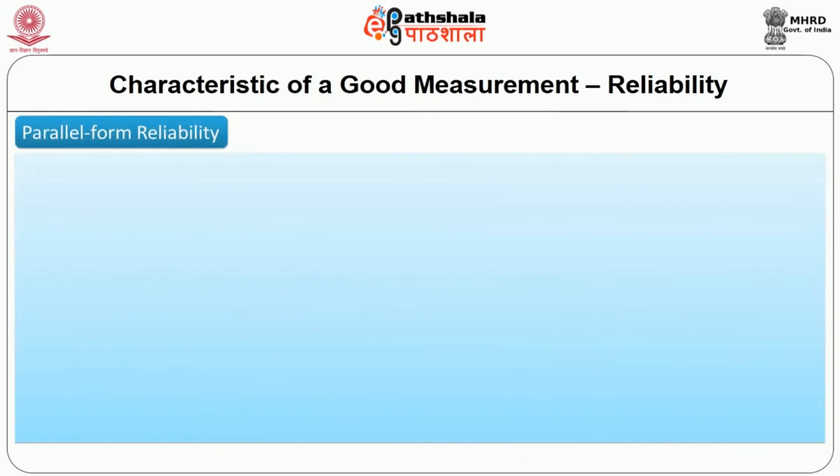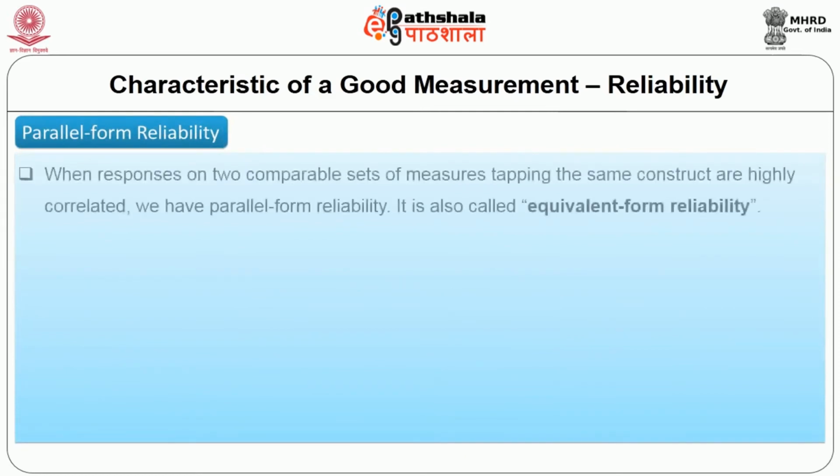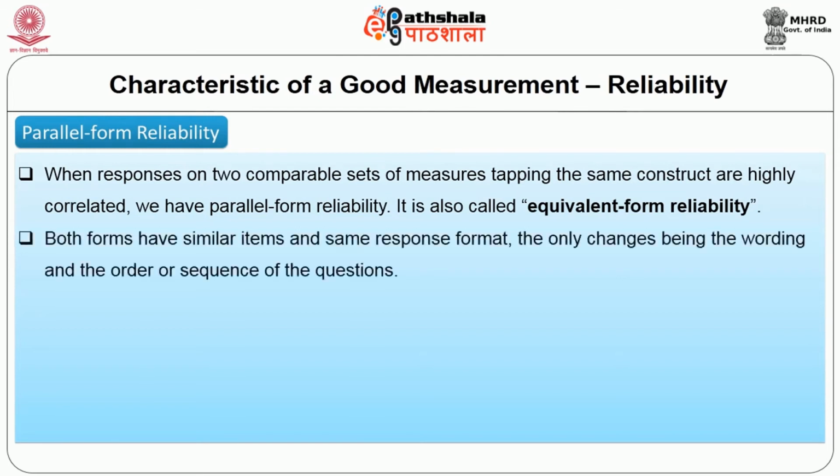Parallel form reliability. When responses on two comparable sets of measures tapping the same construct are highly correlated, we have parallel form reliability. It is also called equivalent form reliability. Both forms have similar items and the same response format, the only changes being the wording and the order or sequence of the questions.